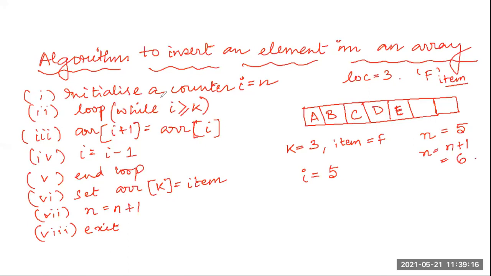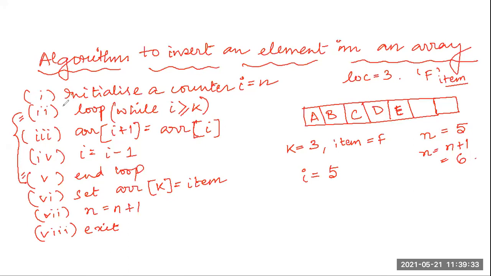Then it says there will be a loop, and this loop goes from step 2 to step 4. This is the initiation of the loop and this is the end of the loop.